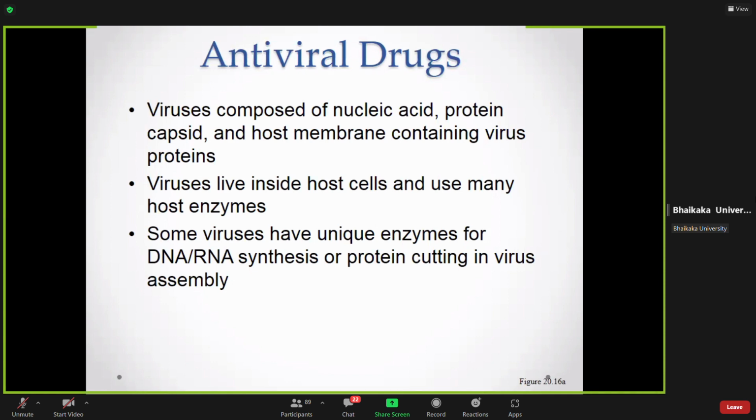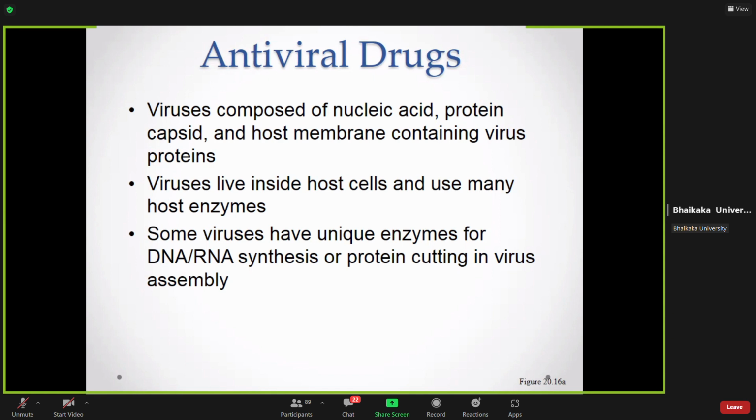So we have targeted antivirals which typically bind with the viral metabolism and viral metabolites. And that's how we will be sparing the host from adverse drug reactions. And some viruses have unique enzymes for DNA, RNA synthesis or protein synthesis, so we target those unique enzymes which will prevent the replication of the viruses.